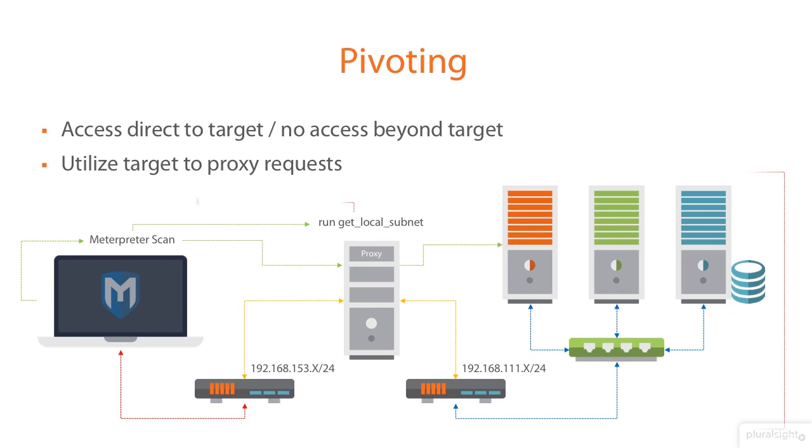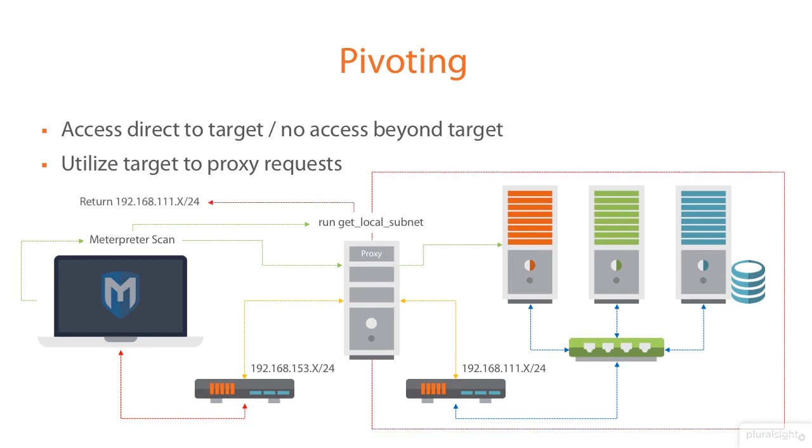So in reality, when we run that command, it should not only return us the 192.168.153, it will return us the 192.168.111 as well, because those are the local subnets that exist beyond what we can see. And that's what pivoting is. Pivoting is the ability to go from Metasploit to a compromised machine to something beyond that we don't directly have access to. Now, once we've done that, then of course we can start using other components.